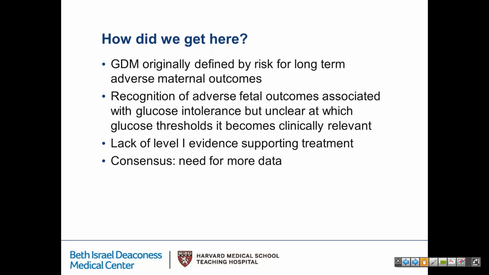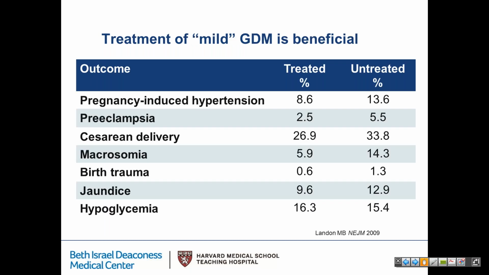There's also a lack of level 1 evidence or randomized controlled trial evidence to support treatment at various thresholds. So there was a consensus that there was need for more data. There have been 2 large treatment trials of what's considered mild gestational diabetes. The ACHOIS trial, which was published in 2005 in the New England Journal, was predominantly in Australia.